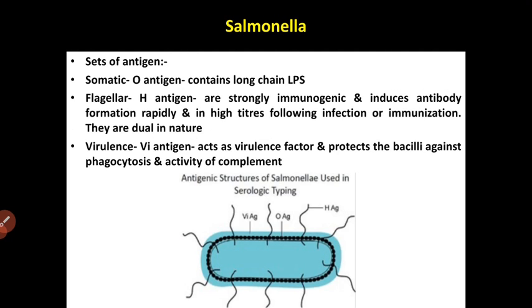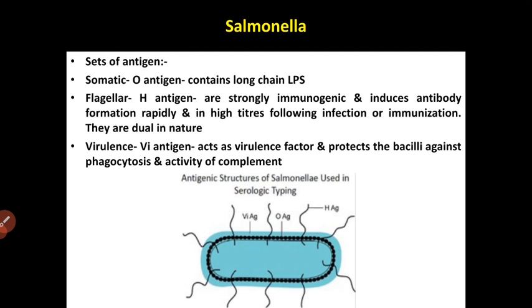Now, sets of antigen: somatic, flagellar, virulence, O, H, Vi. Somatic antigen contains a long chain of lipopolysaccharides, LPS. Flagellar H antigen is strongly immunogenic and induces antibody formation rapidly and in high titers following infection or immunization.